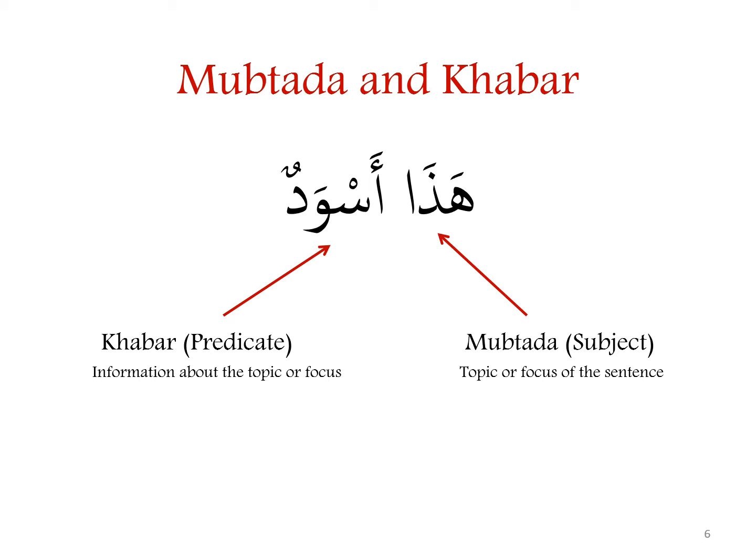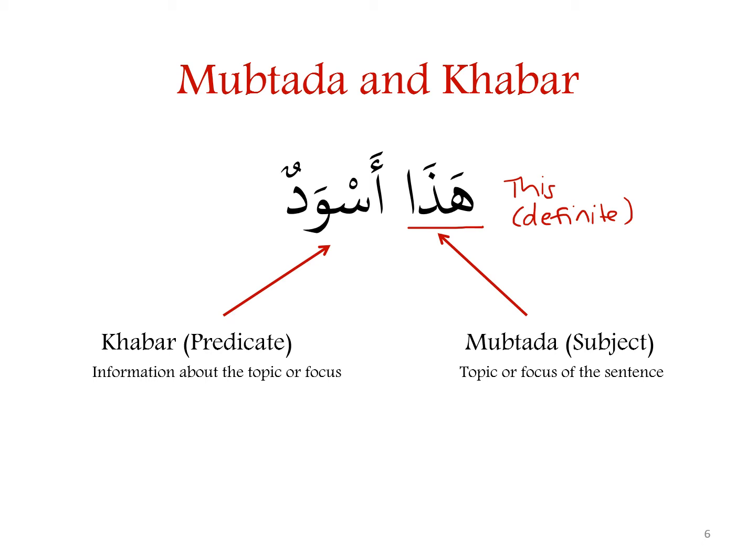So, here's an example of a nominal sentence. We have هذا أسود. Now, هذا means this. It's an ism ishara. And we know that the ism ishara is a definite noun because it's referring to something specific. And it's also the topic of the sentence. So it's the mubtada.